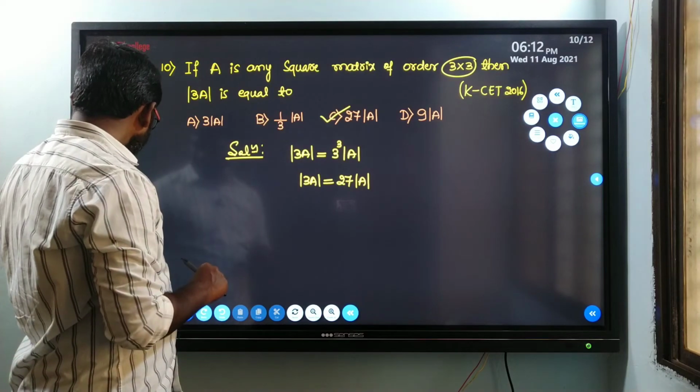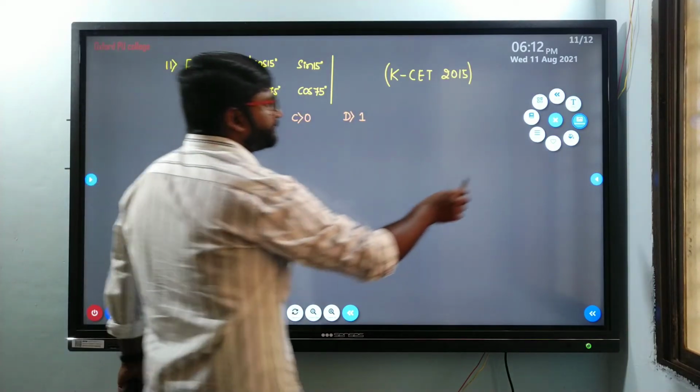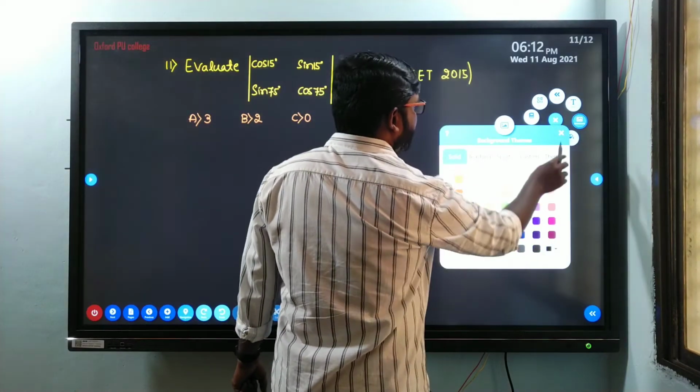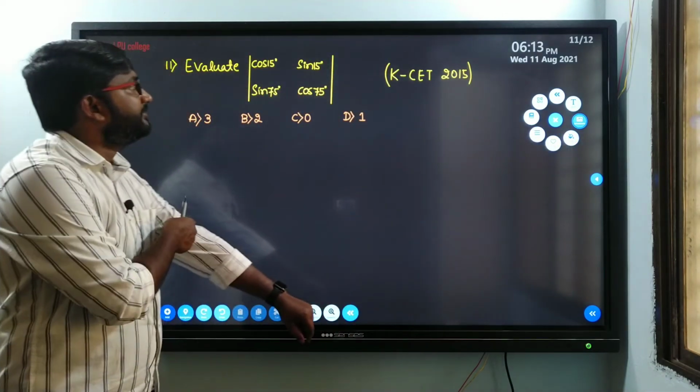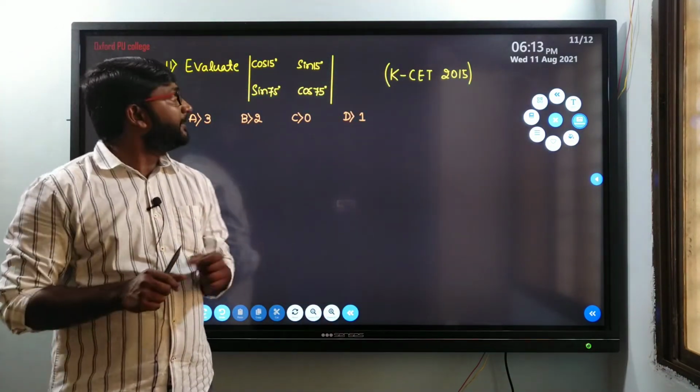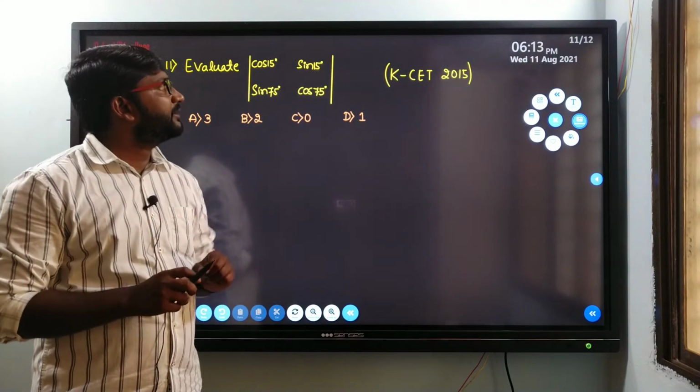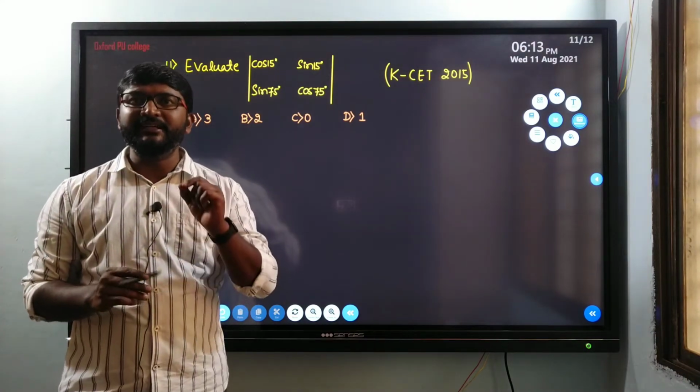Quickly go through this, then I will be taking up question number 11. Evaluate the determinant with rows cos 15 degree, sin 15 degree, and sin 75 degree, cos 75 degree. This was asked in Karnataka CET 2015.